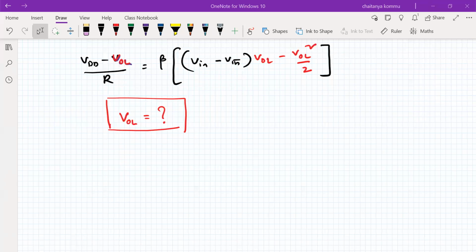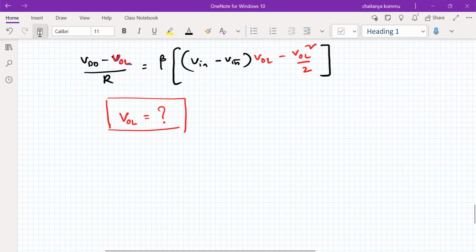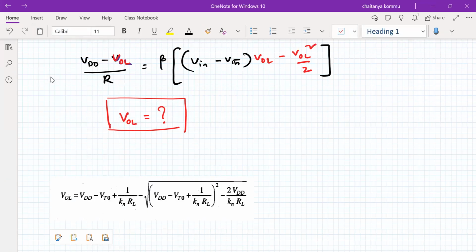I want to copy this one and paste it here. This is for the sake of clarification that I'm giving here. This is the equation that you have to derive.